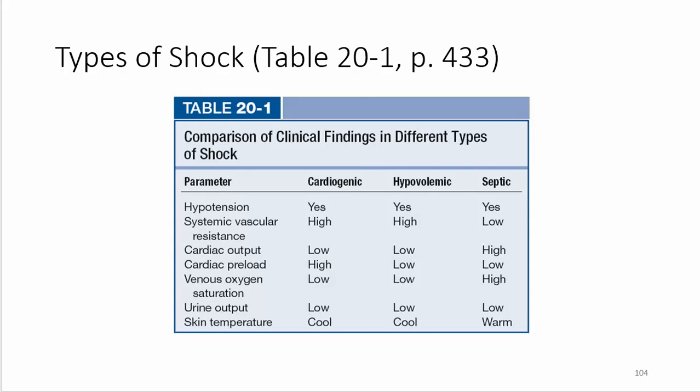So cardiogenic has hypotension because cardiac output is down. And in order to try and maintain blood pressure, then vascular resistance has to be high.